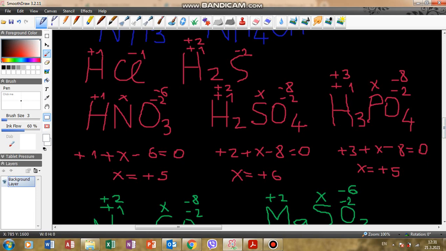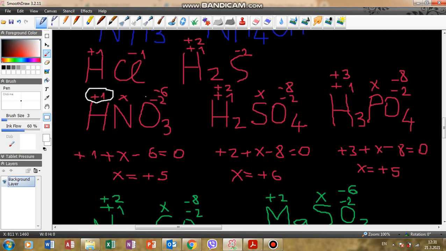So, as we said earlier, the overall charge of each compound has to be 0. So, first we will write down the oxidation states of the elements we already know.